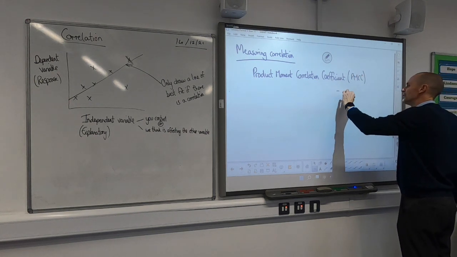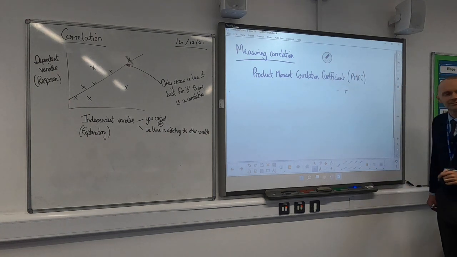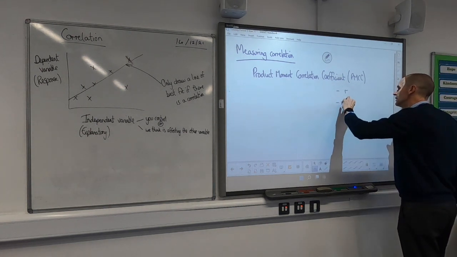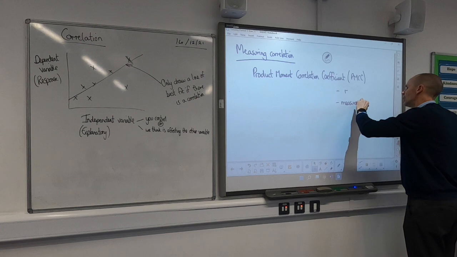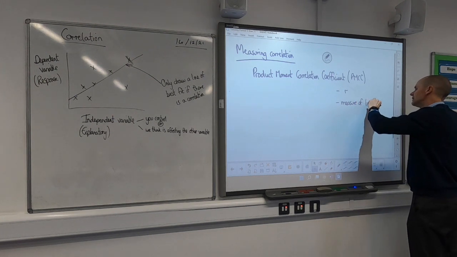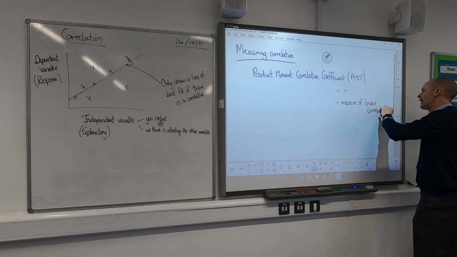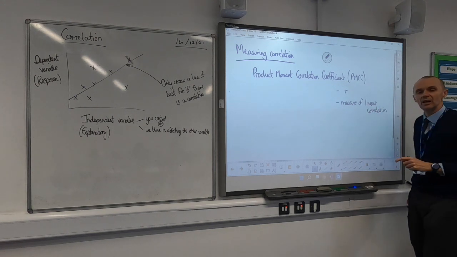And is given the letter r, so that's even better. And it is a measure of linear correlation. And by that I mean it is a measure of how well the points line up.